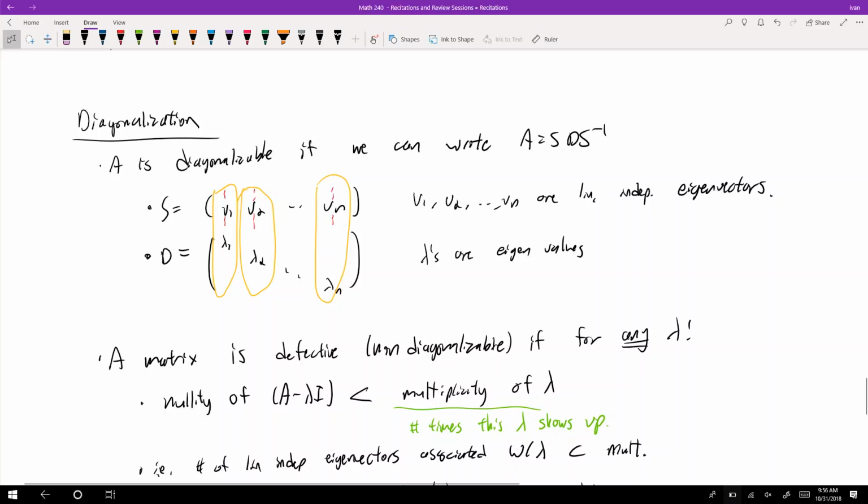Multiplicity is just the number of times it's repeated, and you have to write the number of times they're repeated on the diagonal. But if you have 3, 3, but you only have one eigenvector for that number 3, then it's defective, because you can't pair the second. If you can't pair one of the eigenvalues to something, exactly. All right. Any other questions?